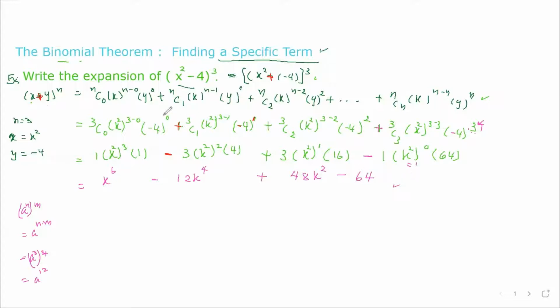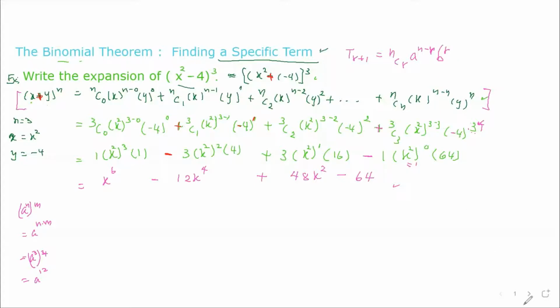Okay. So you still use the formula of this one. This is a formula we learned last lesson. Okay, so we go now. We're going to use the specific term formula. Okay, the specific term formula we use is T r plus 1 equals nCr a power n minus r, b power r.